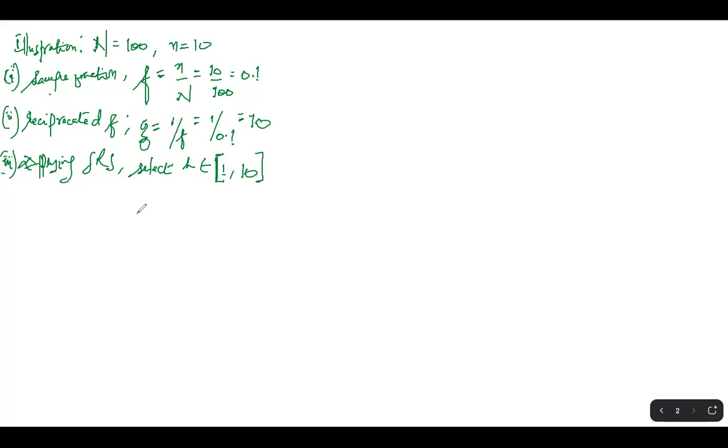That means we shuffle the population and make one selection. So there are 10 possible selections that could come up.